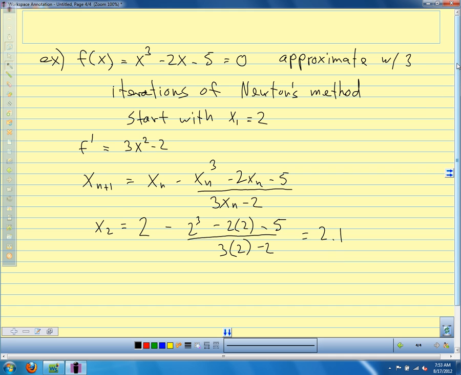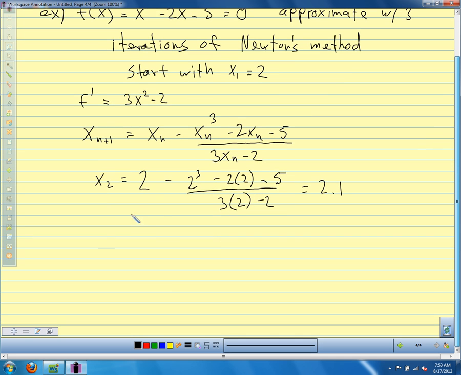And then for my third iteration, for x sub 3, I just plug in 2.1 in here. So x sub 3 is going to be 2.1 minus 2.1 cubed minus 2 times 2.1 minus 5 over 3 times 2.1.